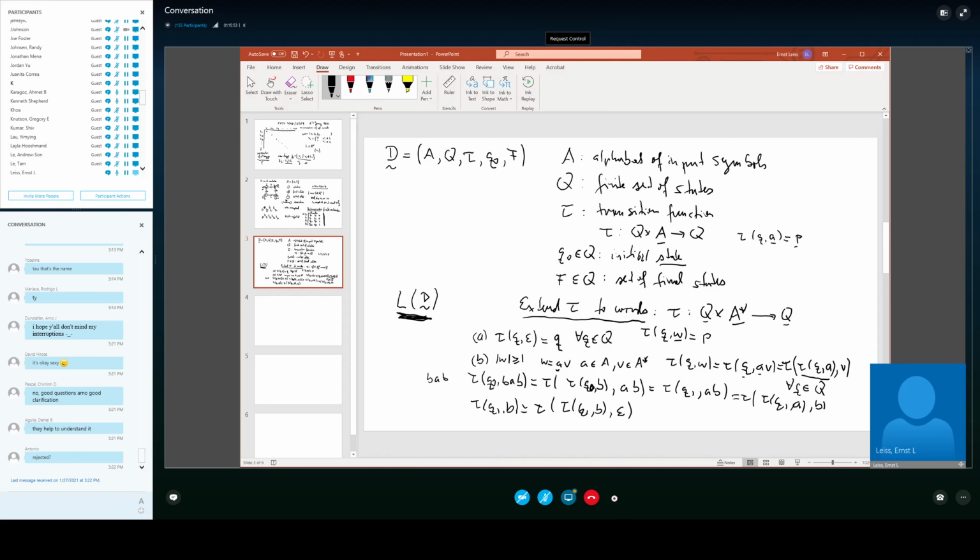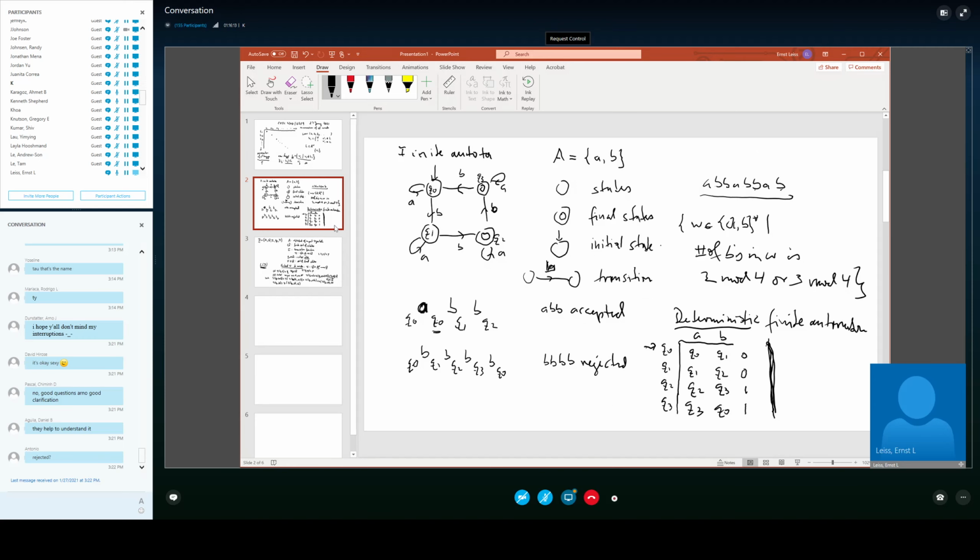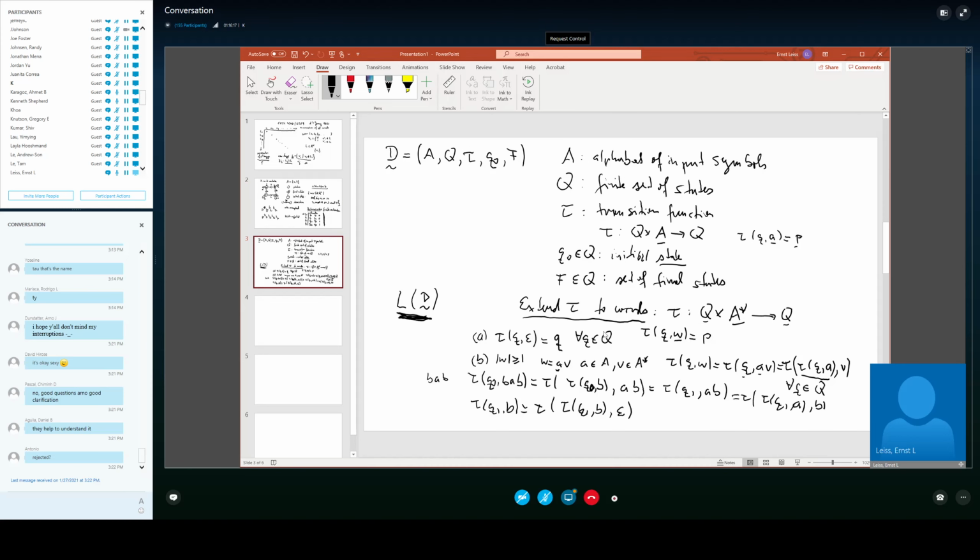Because if it's a single letter in W, then the leading letter, the only one, is split off, and what is left is a V that is epsilon, which is of course permissible. So we have tau of Q1 and B. We look that up. Tau of Q1 and B is Q2. So this is tau of Q2.